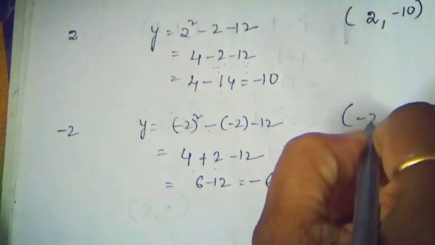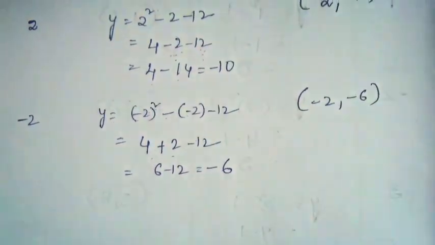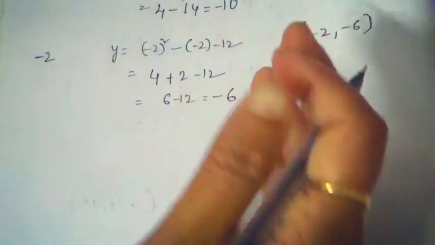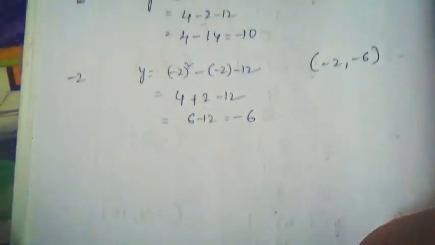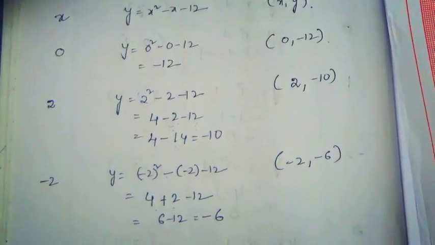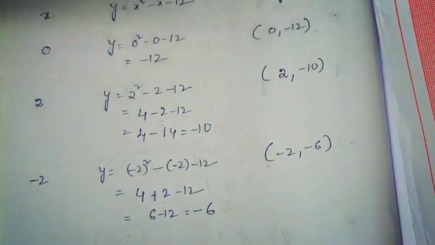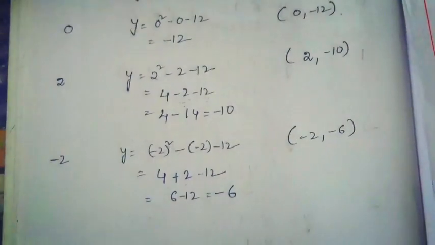So the coordinates are minus 2 comma minus 6. Okay, let us look at the graph after plotting these points. If we need, then we will take the next two points also, an extension of this table, after we conclude this graph. Okay, so you just make the graph first.